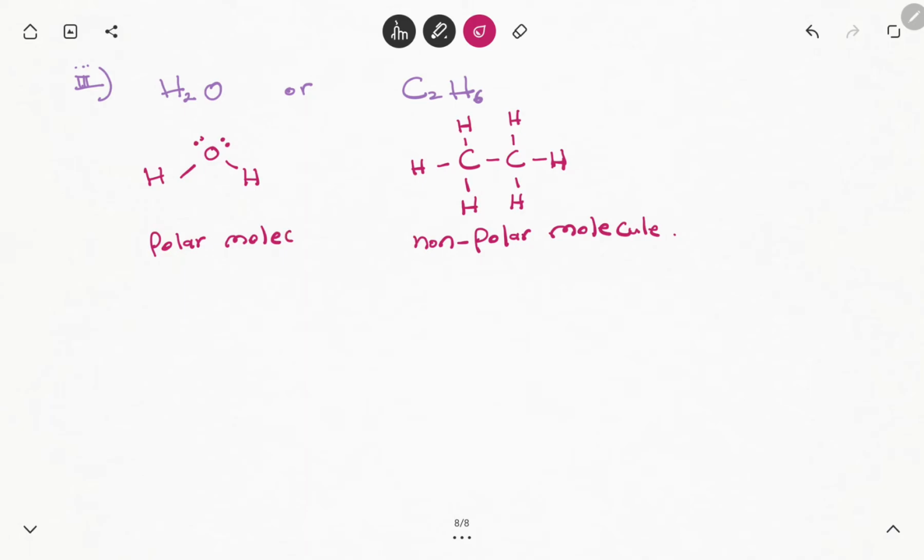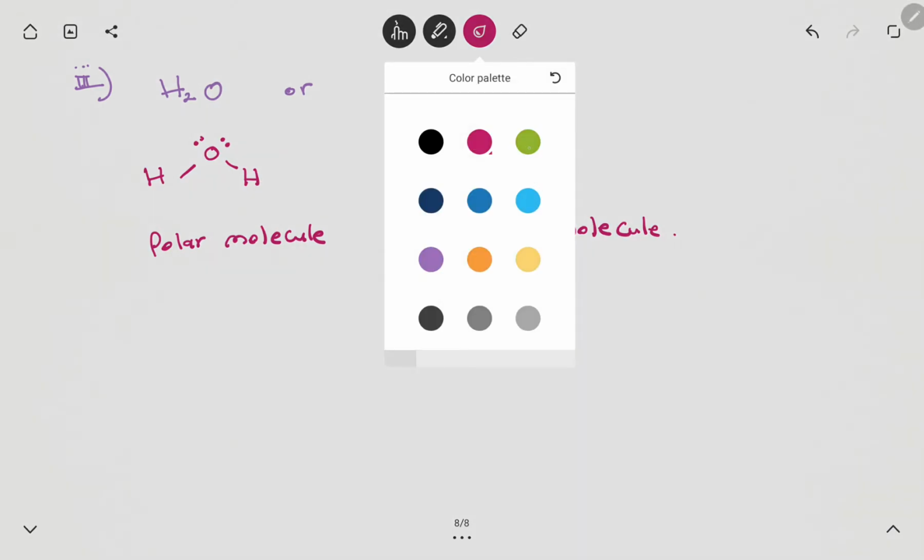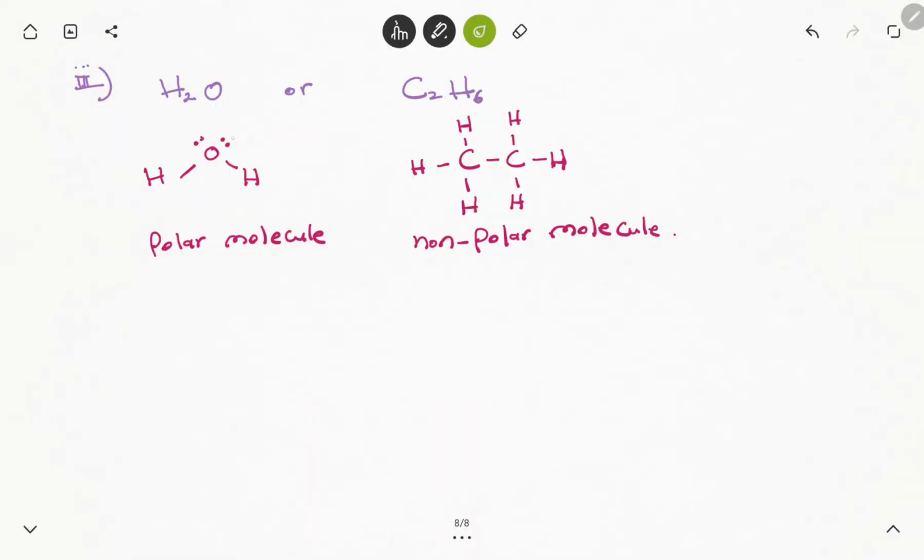Okay, but before that, we need to identify between H2O and C2H6 which one can form hydrogen bond, because here we have hydrogen atom. In H2O we have hydrogen atom bonded to oxygen, which is the requirement for the formation of hydrogen bond.